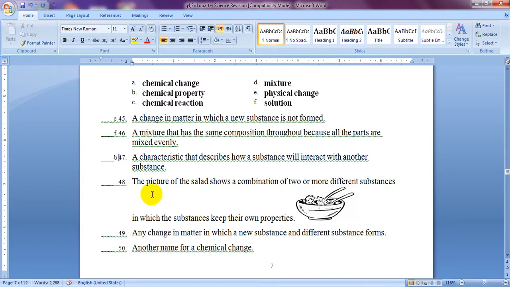The next one, the picture of the salad shows a combination of two or more different substances in which the substances keep their own properties. Here we can see each of the components inside this salad.